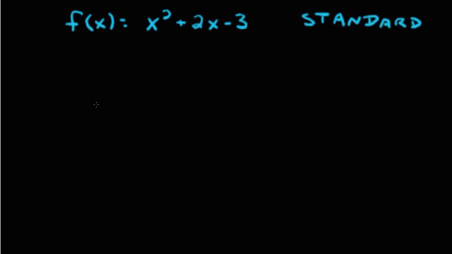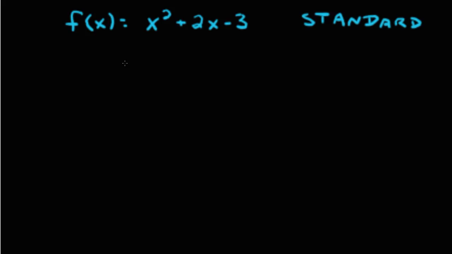Well, the way that we have to do that is we have to do something that's called completing the square of a quadratic. And that may sound familiar to you, it might not be, but we'll work one out here and hopefully it'll make sense.